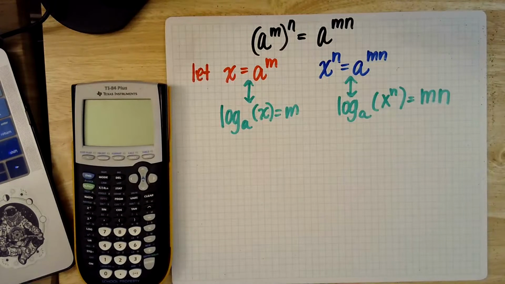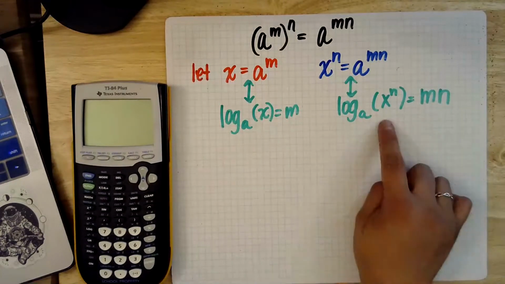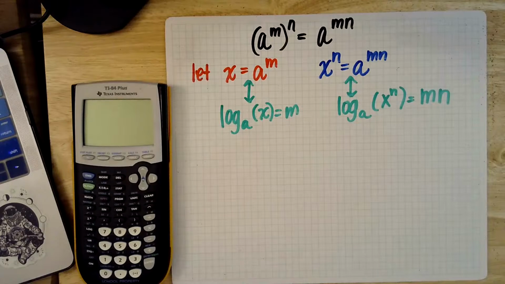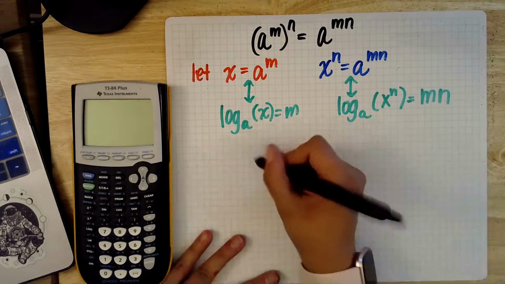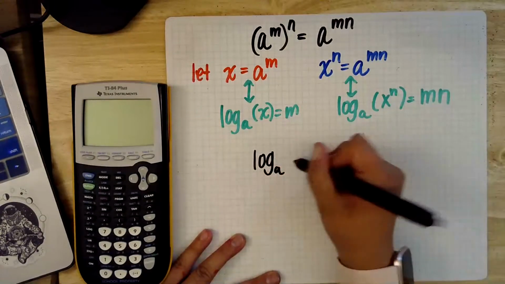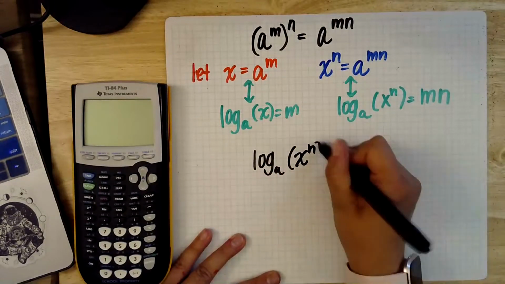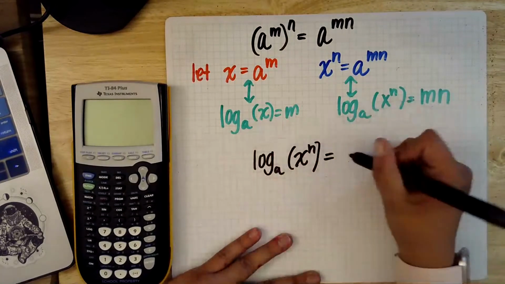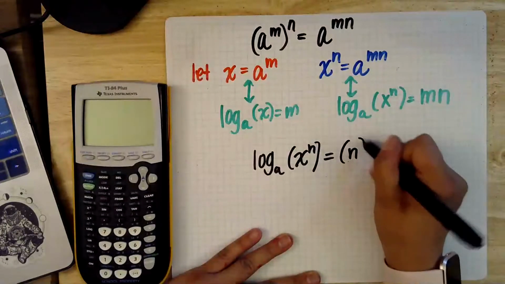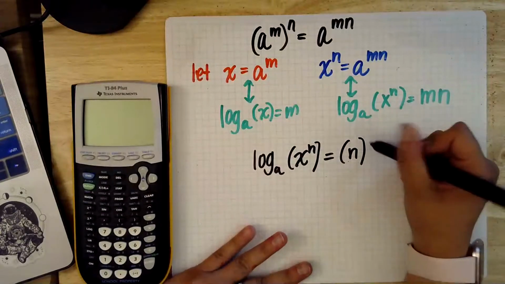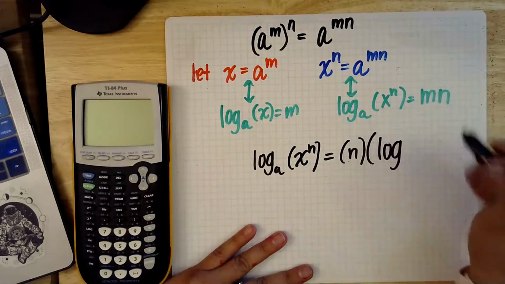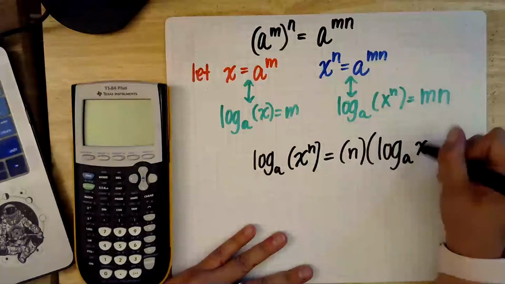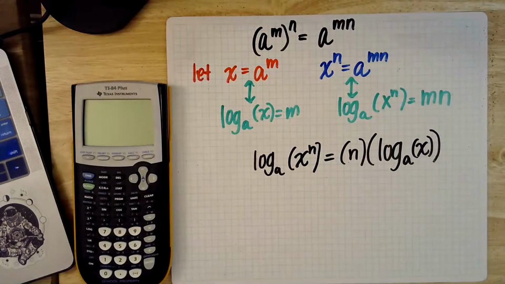Now I'm going to convert this m right there back into terms of x. So I recognize that I now have log a of x to the n is equal to the m, which is that guy, and the n. So I'm going to put the n here, and then I have log a of x. So this is the formula right here.